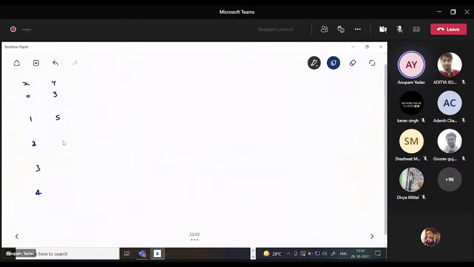I'm randomly choosing these. So what will be the first difference? 5 minus 3 is 2, 7 minus 5 is 2, 11 minus 7 is 4, and 15 minus 11 is 4.